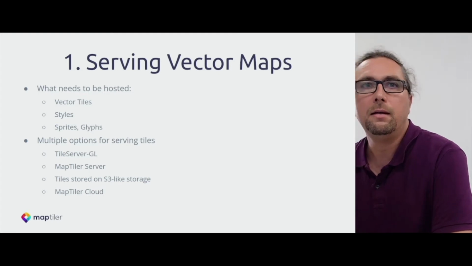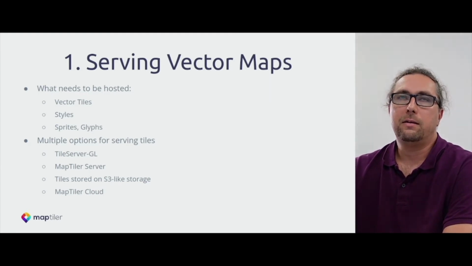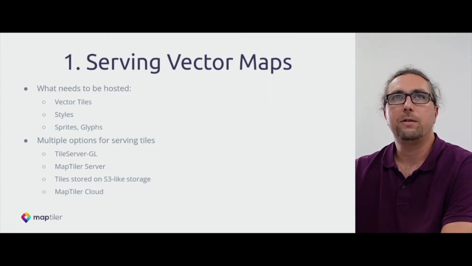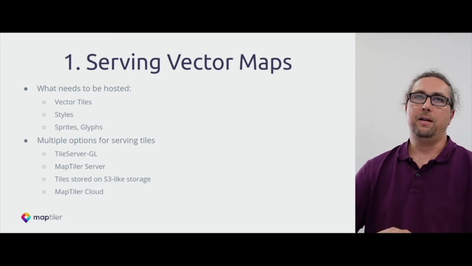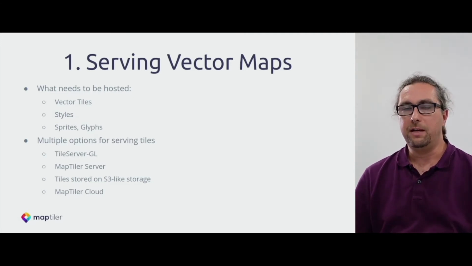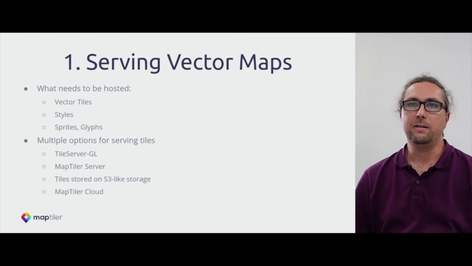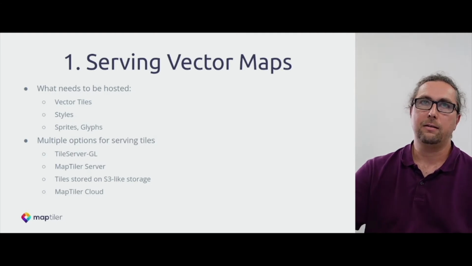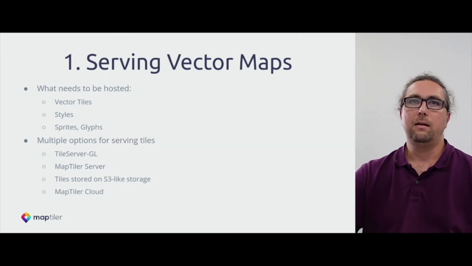And regarding the options you have when you decide to host something like vector maps on a cloud or on your server, you can really start with a very basic solution like S3-like storage, which would require you to put all the assets in S3 buckets and probably extract blobs from the MBTiles file and store them there.